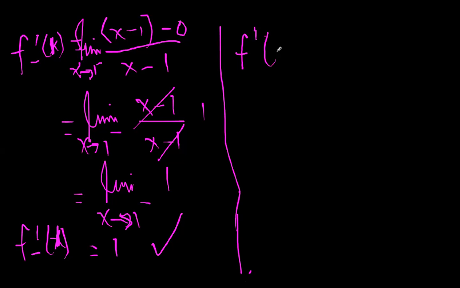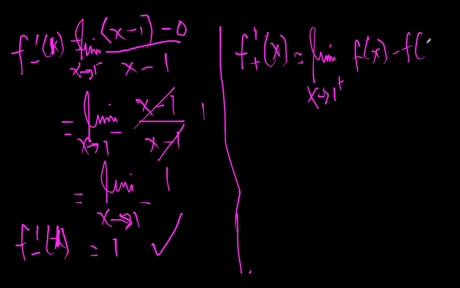So f prime of x from the right is equal to the limit as x approaches 1 from the right, f of x minus f of x sub 1, over x minus x sub 1, since we're talking about the general form. Okay, so let's go. Limit.